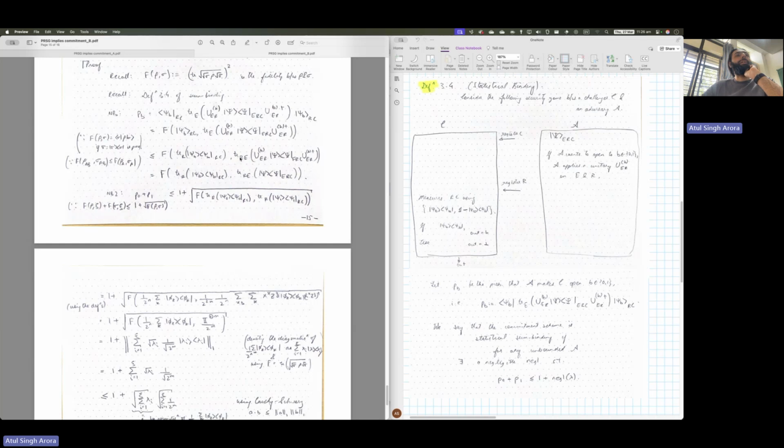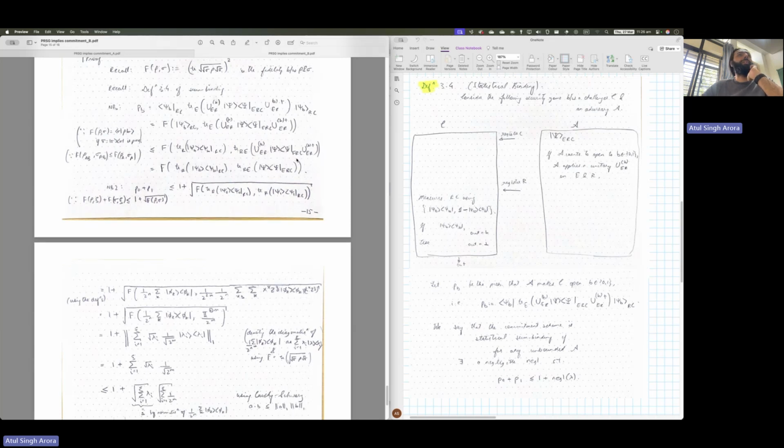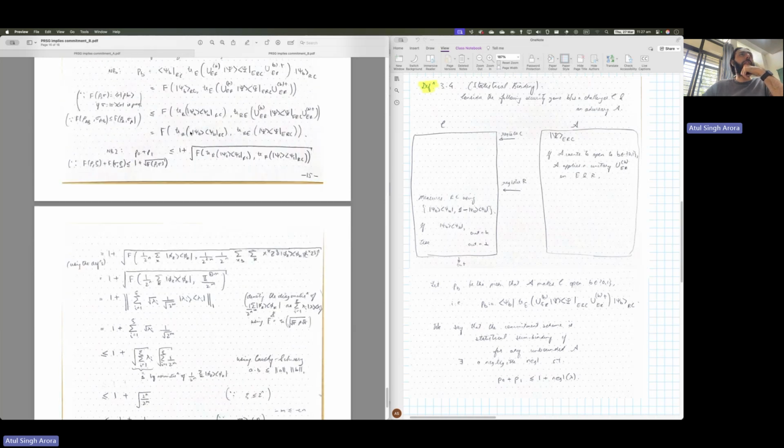The advantage here is that you get both R and E in the trace, and when you have both R and E in the trace, this unitary can be commuted and cancelled, by the cyclicity property of the trace. And then we have this expression, right?